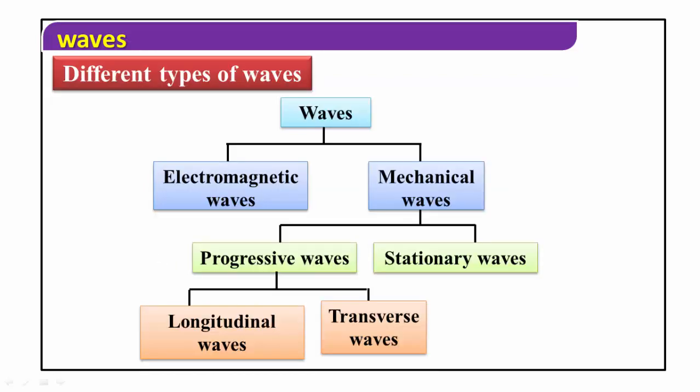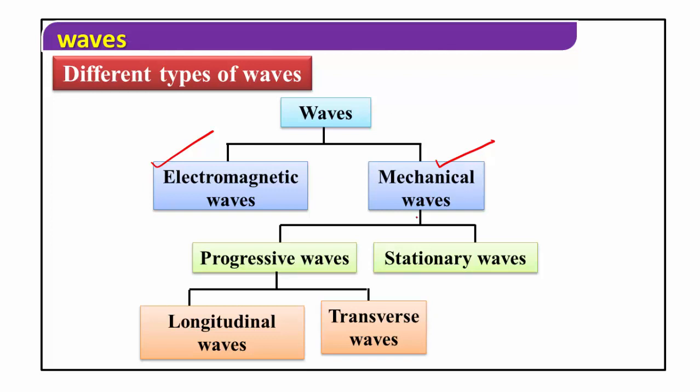The waves which require a medium for their propagation are called mechanical waves, and those which do not require a medium for their propagation are called electromagnetic waves, or non-mechanical waves.